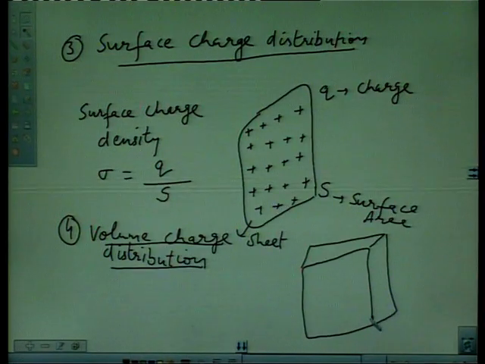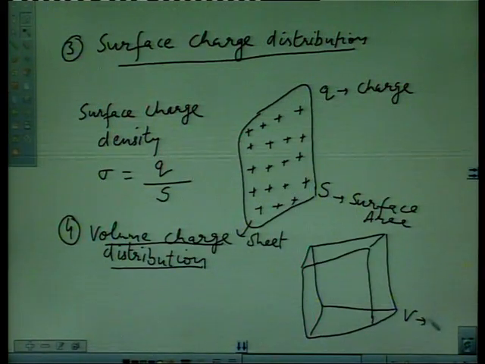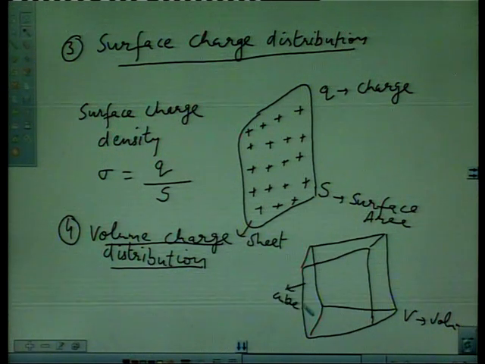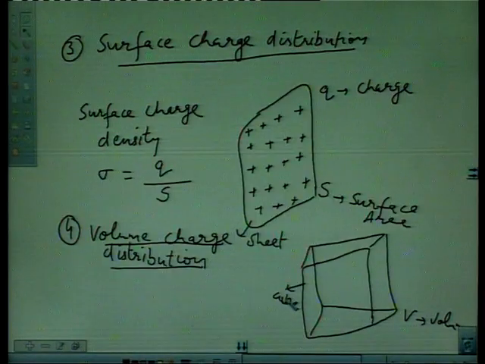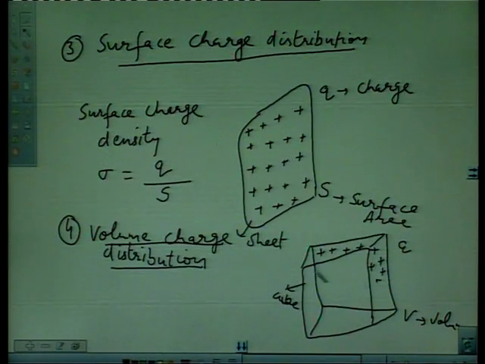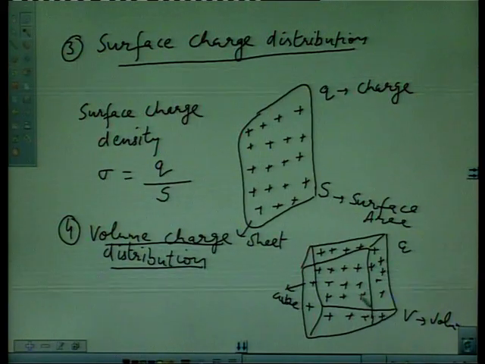The cube has 6 sides, and it will have some volume V. This is a cube. Suppose we have distributed a charge q uniformly to this volume. So, positive charge is distributed.